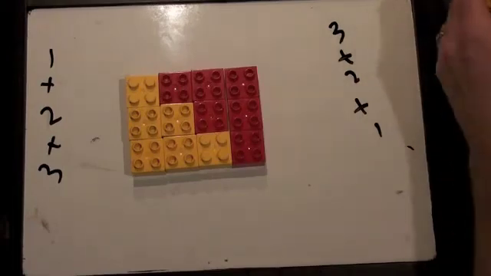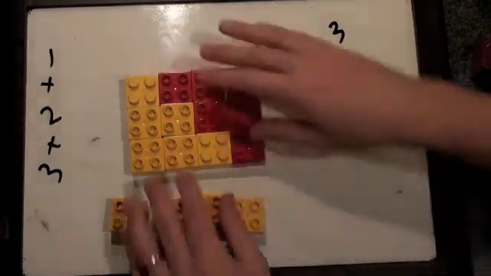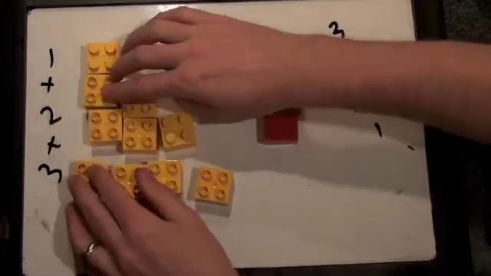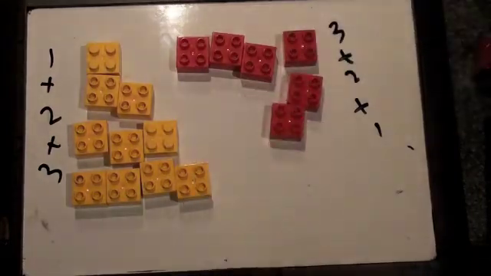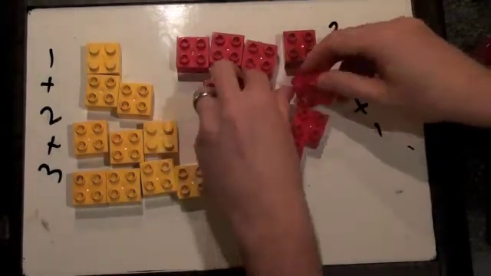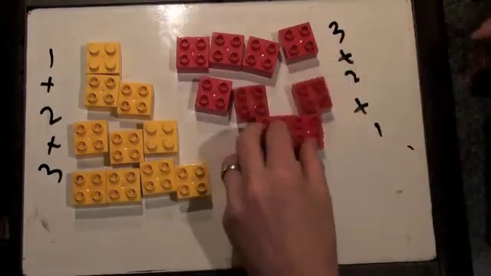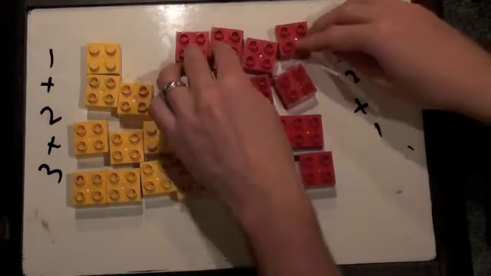Okay, so do I have 4 yellow blocks? I do. Good. So I'm going to have 1 plus 2 plus 3 plus 4. And I want to add 4 plus, do I have enough red blocks? I hope so. 3 plus 2 plus 1. Now I'm going to have to switch to blue blocks after this.